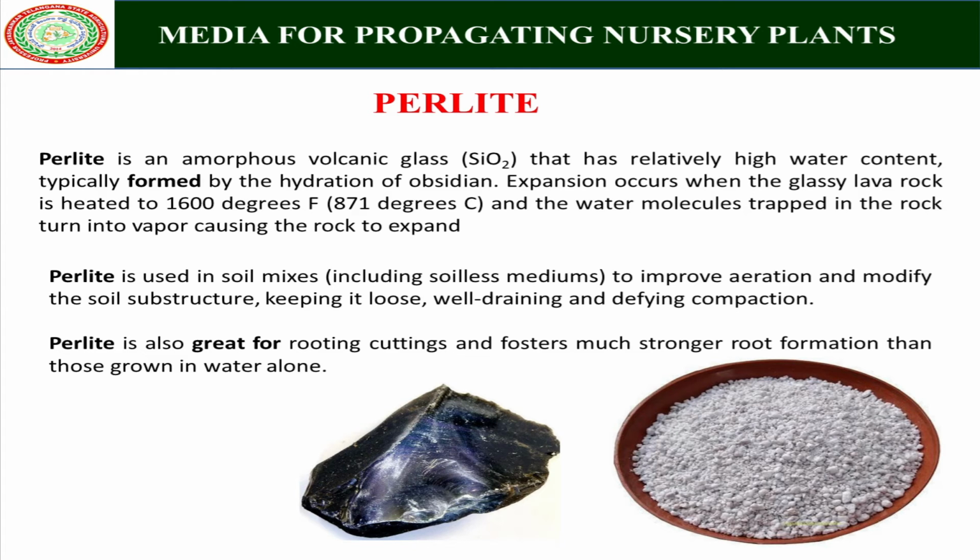Perlite is good for rooting of cuttings and also will improve strong root formation compared to those growing in water alone. So this perlite is white in color and it is very light in weight.